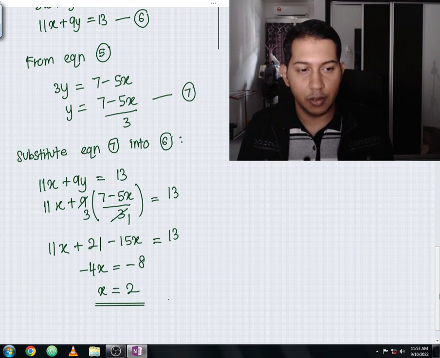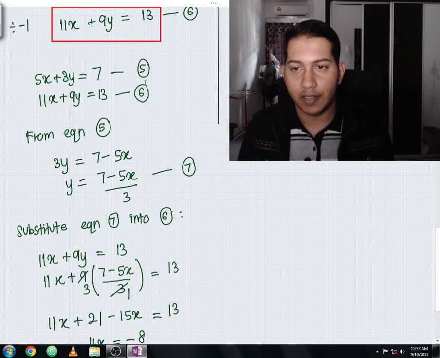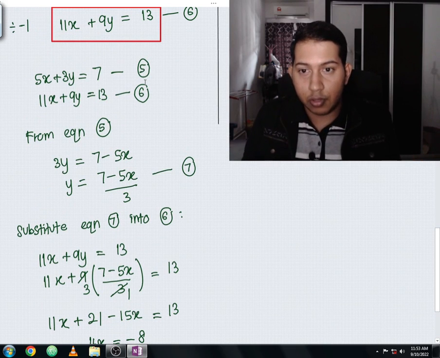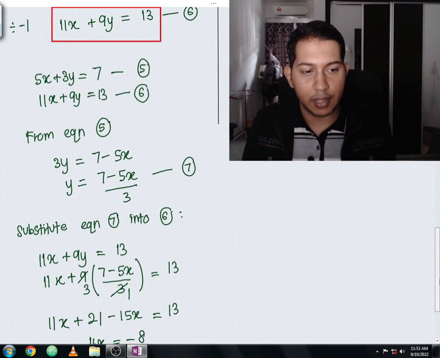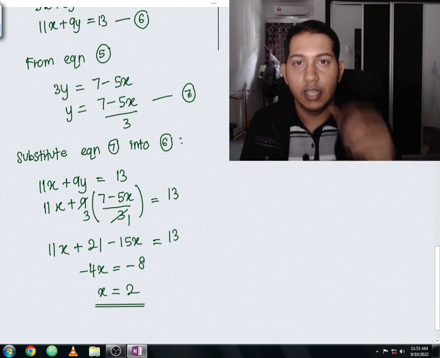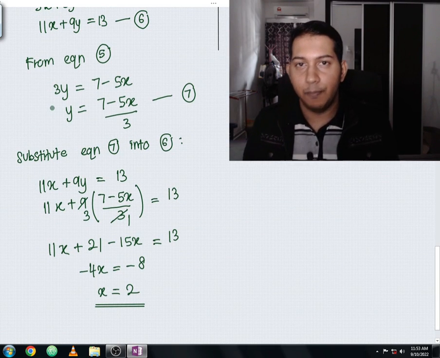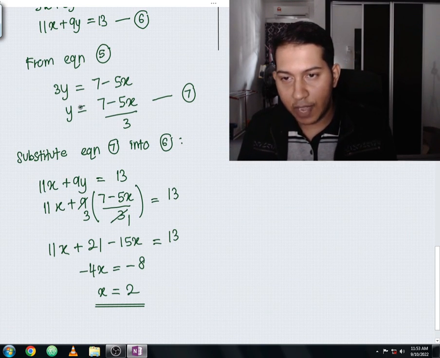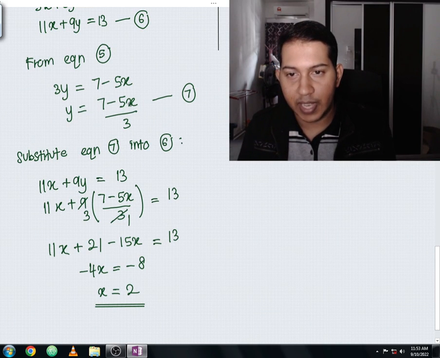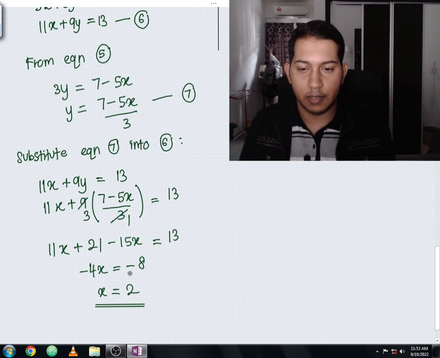There's no necessity to substitute into equation 5 and 6, but if you choose to substitute over there also can. But to save time I choose to substitute into equation 7 straight away, because it already gives us the equation of y in terms of x, so I can straight away find my y value. So y will be equal to (7 minus 5 times 2) over 3, so I will substitute my 2 over here.